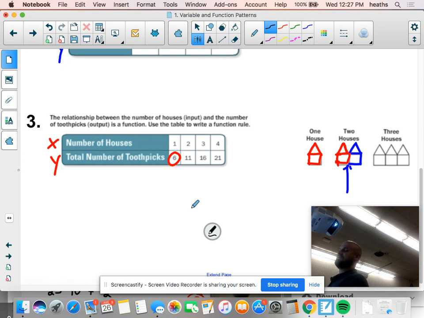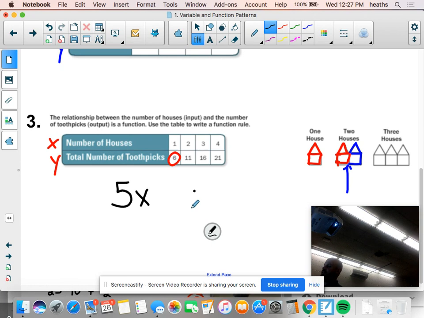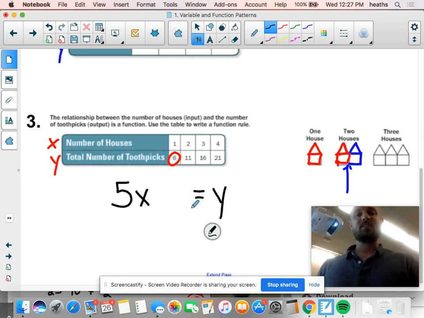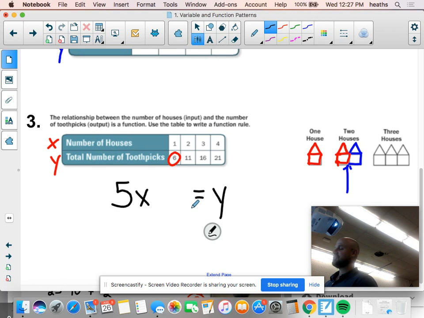So here's what we'll do. Let's do our x value, and it's going up by 5. So our function rule is going to be 5 times x. Okay? And that's eventually going to equal our y. But we need to account for that additional toothpick. So in order to account for that, we're going to add it right into our function rule.